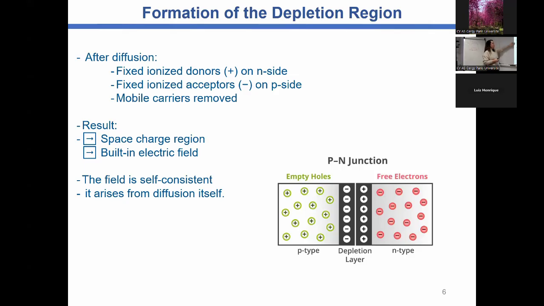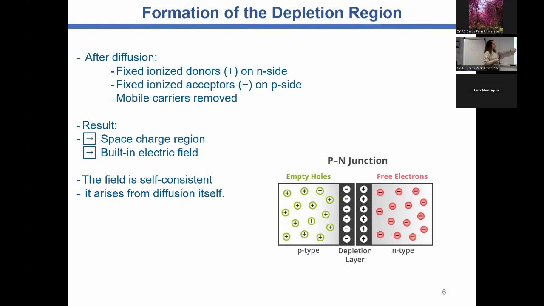The built-in electrical field is quite nice because it means that you have one internal field that can move the charge or can block the charge. This is why diodes can transport in one direction or block in the other direction.